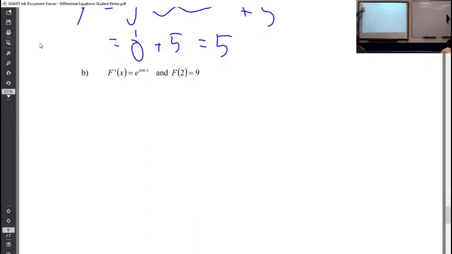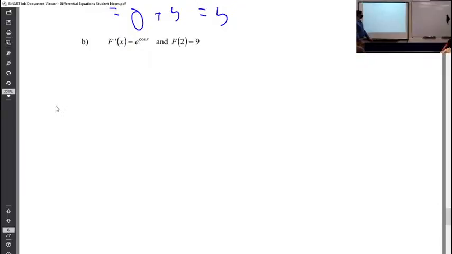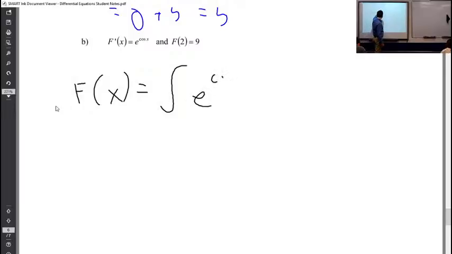So see if you can figure out what the next one is. Fill in the spots there.